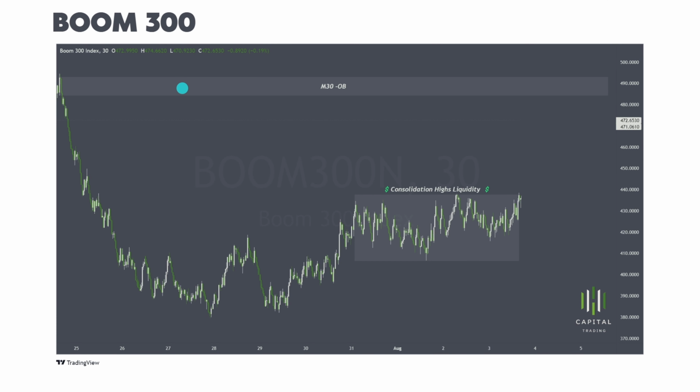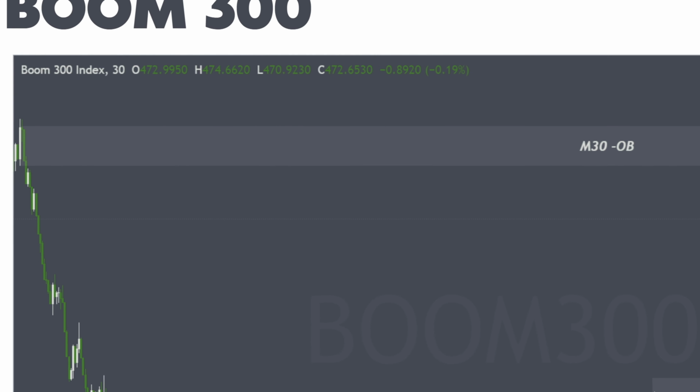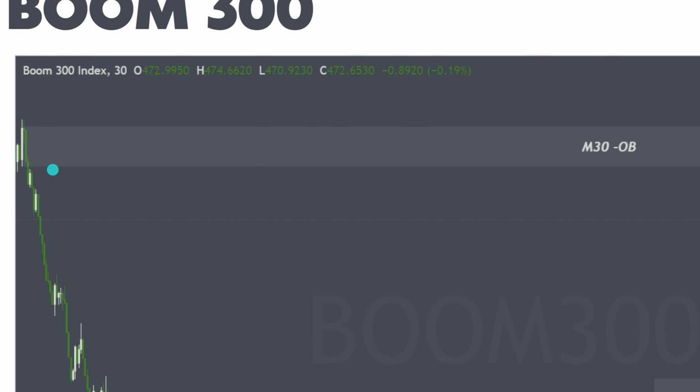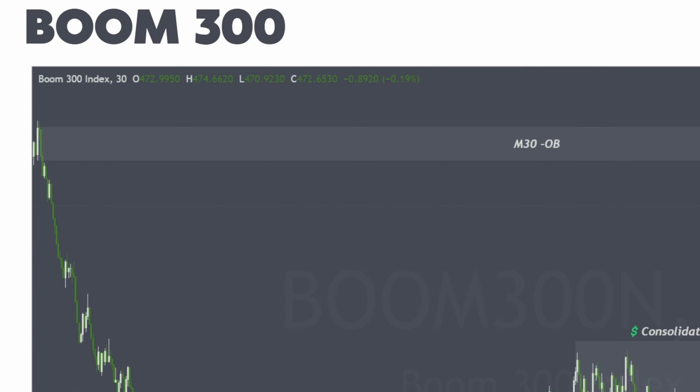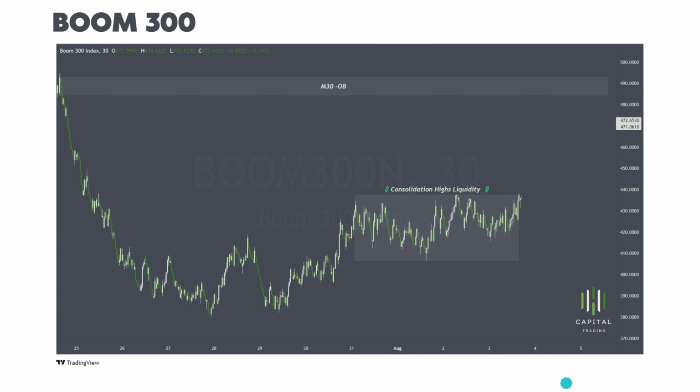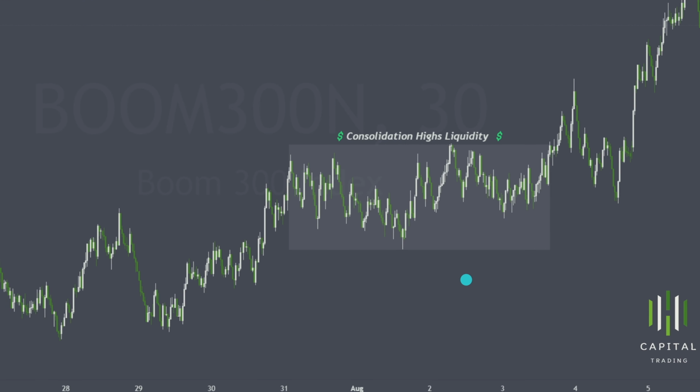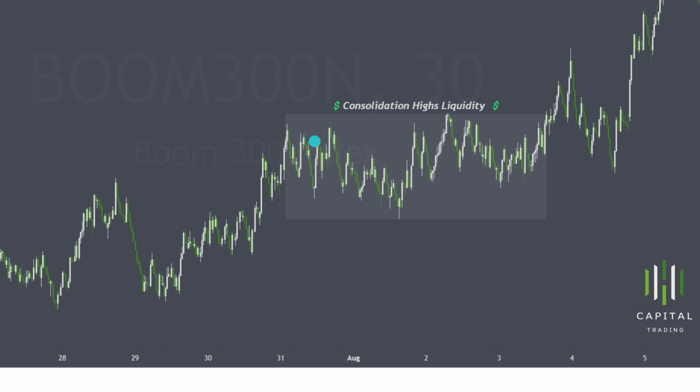But if we look back, we'll see this last up close candle. We managed to identify it as the bearish order block on the 30 minutes. So we had price now reaching into that bearish order block, but when they did that here, they broke our consolidation highs liquidity. So that's what we wanted to see.